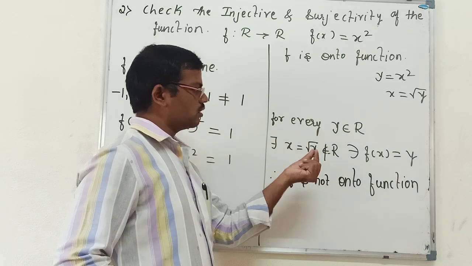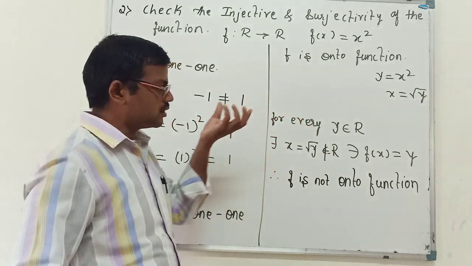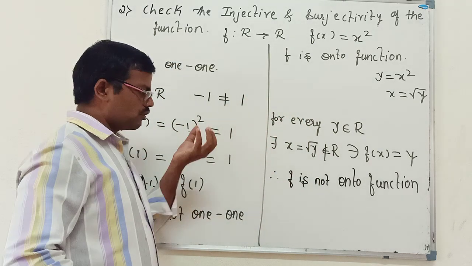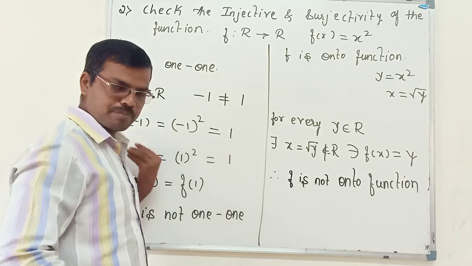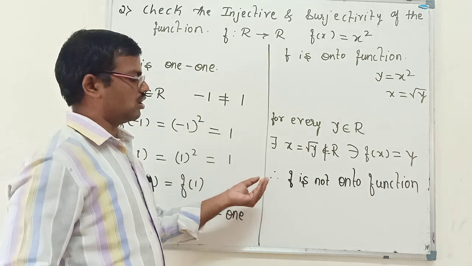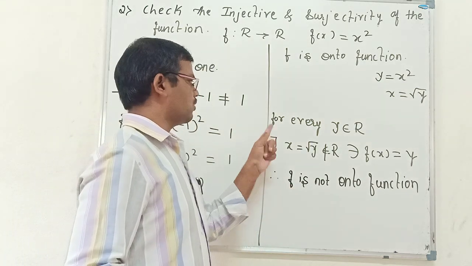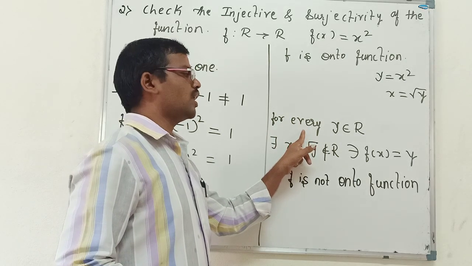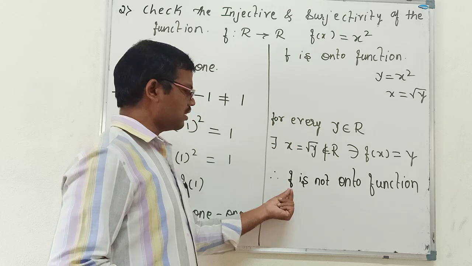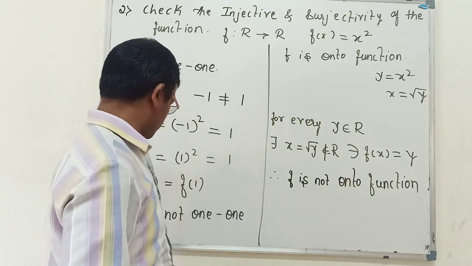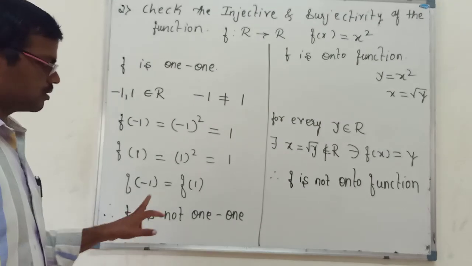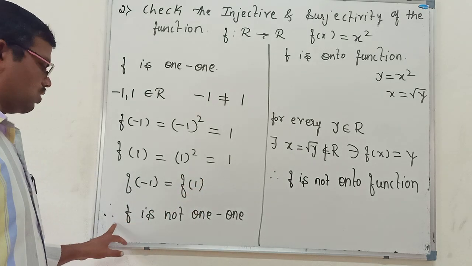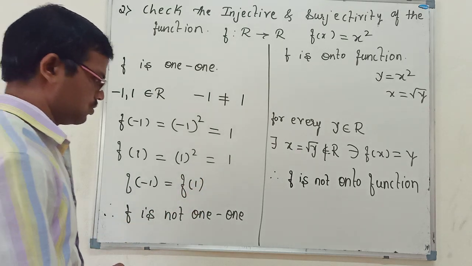For that minus 2 we do not have a pre-image. If for one element we do not have a pre-image, then it is not called an onto function. For every element we are stating, if even one element is missed, the function is not onto. So here it is clear that f is both not one-one and not onto.